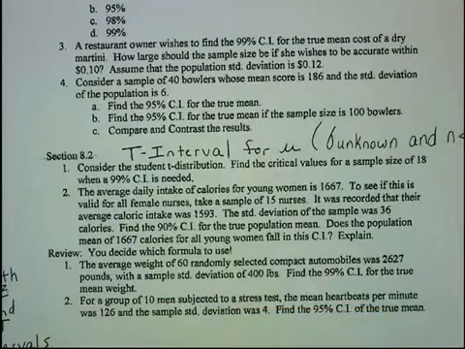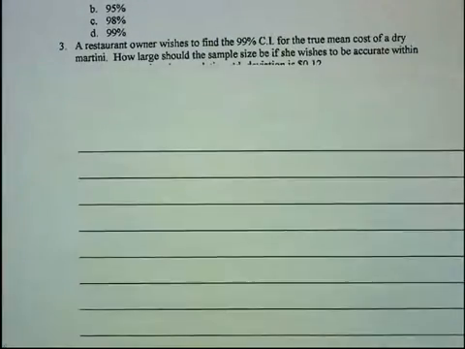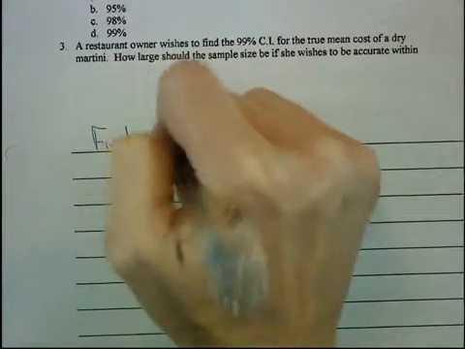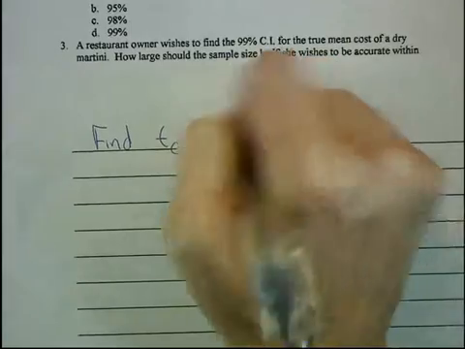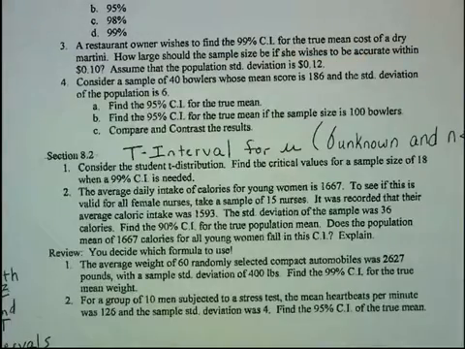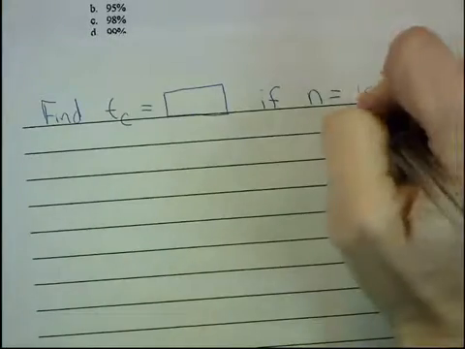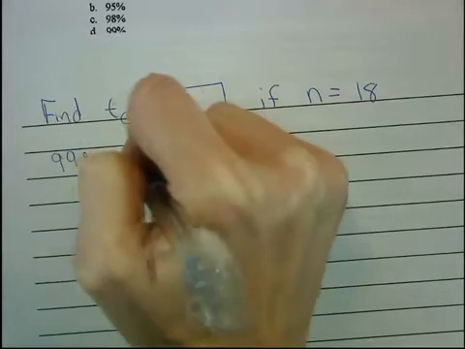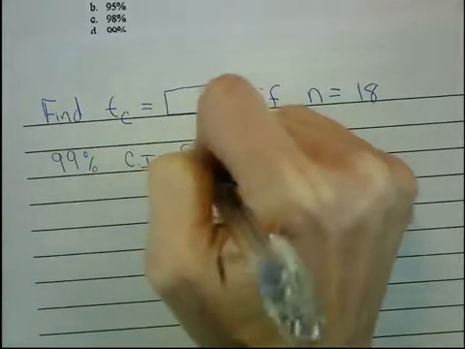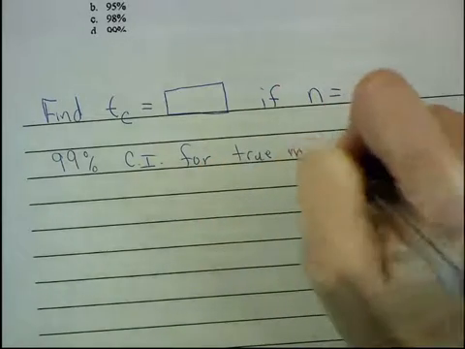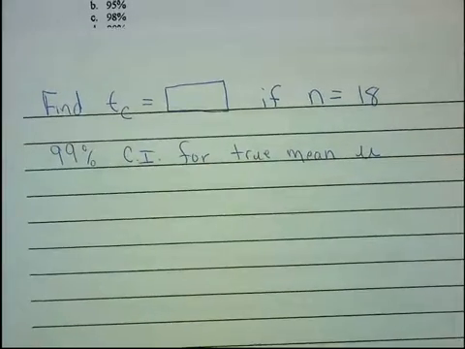What this question is asking is, find t sub c if sample size is equal to 18, and we want to calculate a 99% confidence interval for the true mean. It's very simple.